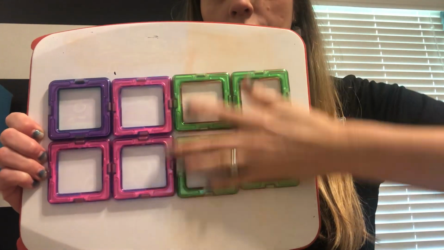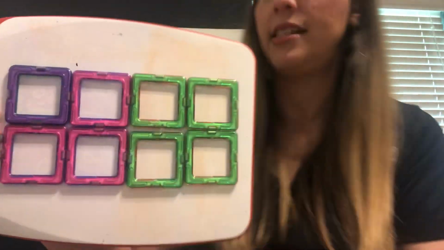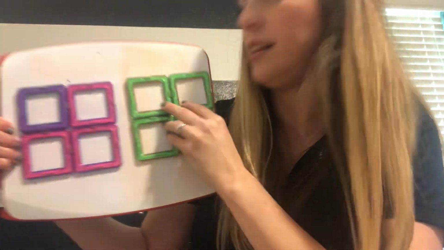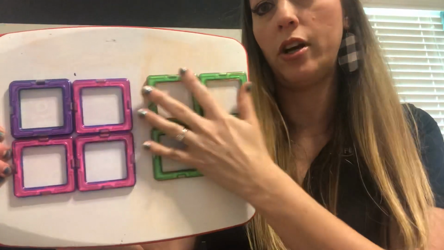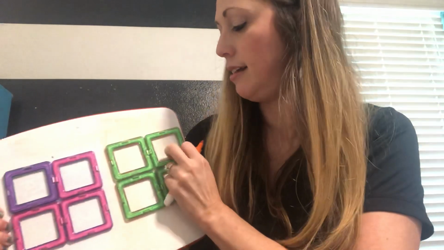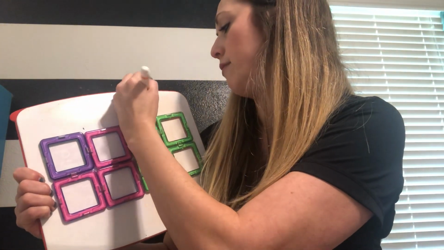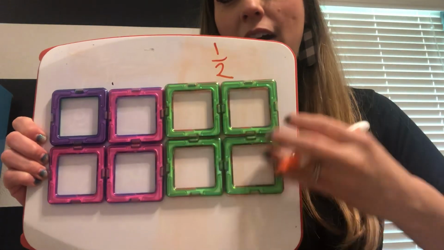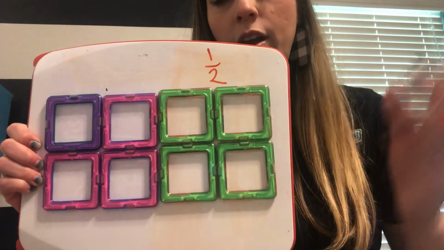How many are green? Let's see here. I could even pull this over here and look at that. I just took half of it away. So I could represent this side as 1/2. Okay, so this is half of my whole right here, guys, right?